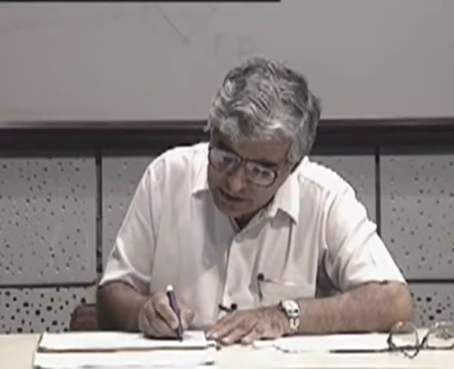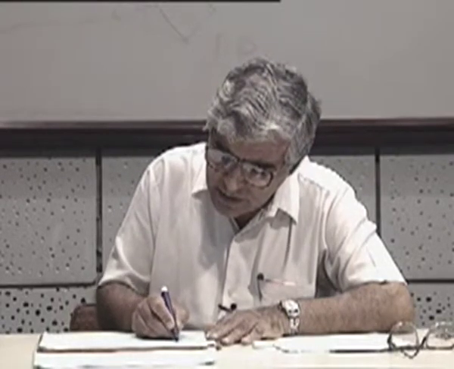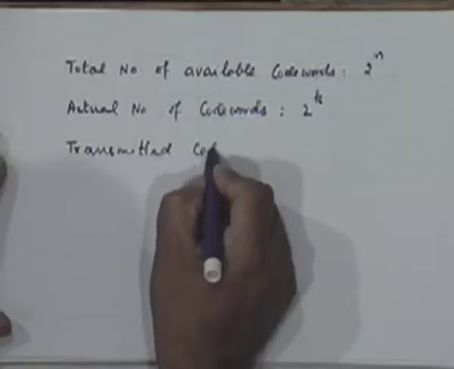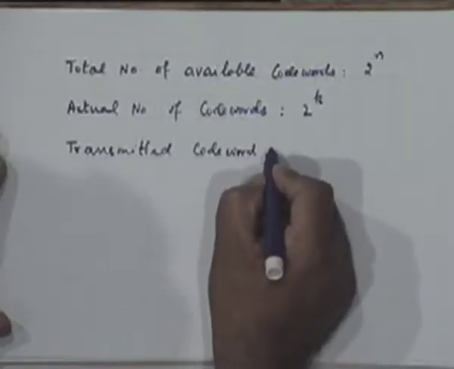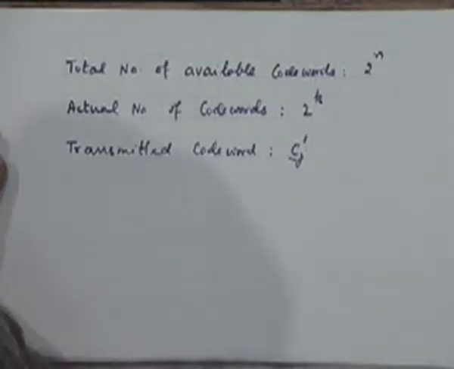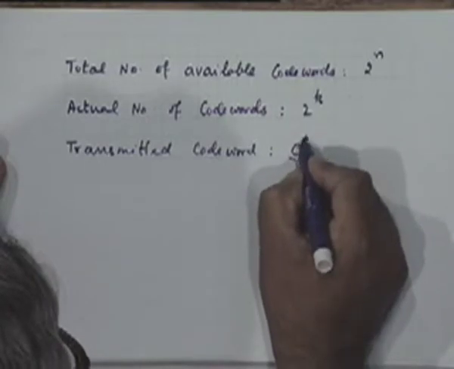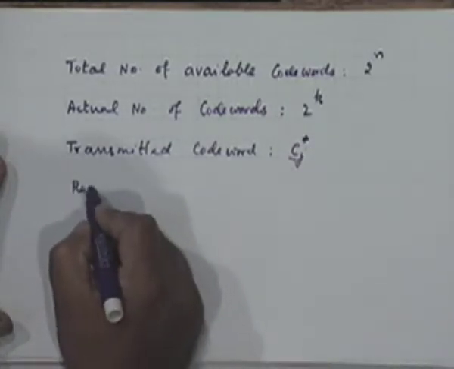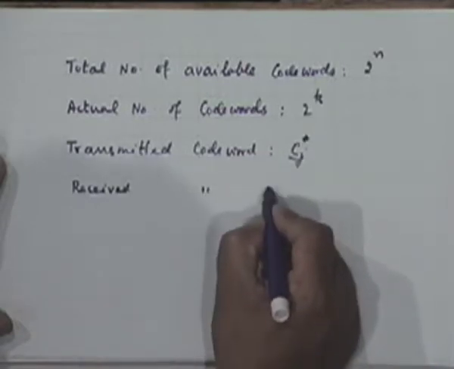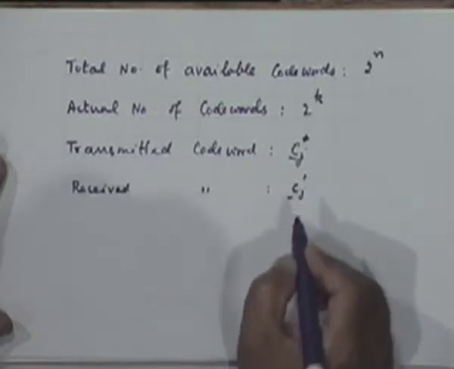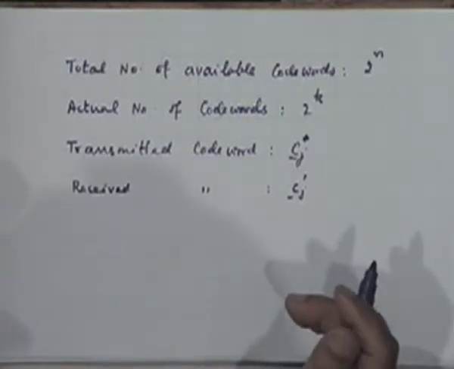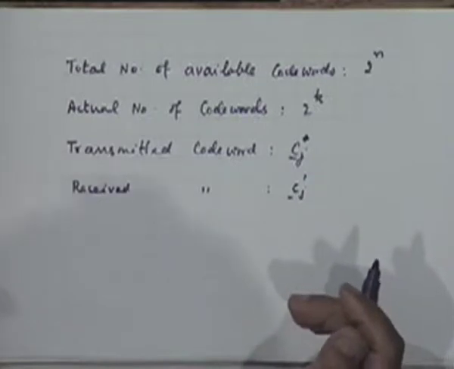Let us say a particular code word is transmitted. Let the transmitted code word be some code word which we will denote by Cj, and let us say the received code word is Cj prime. If no errors occur on the channel, Cj prime would be precisely the same as what you transmitted, Cj, right?